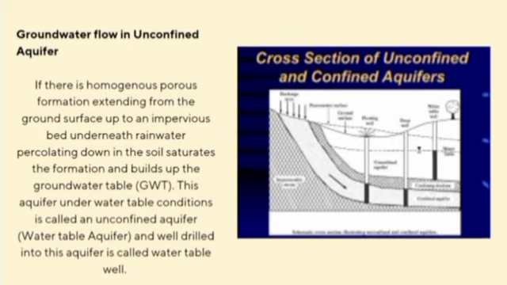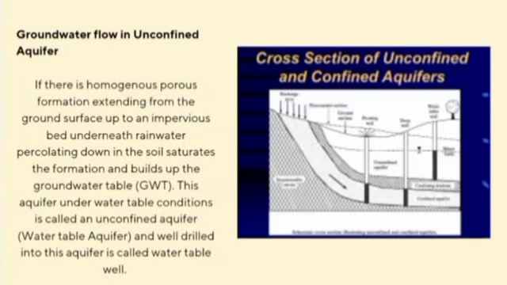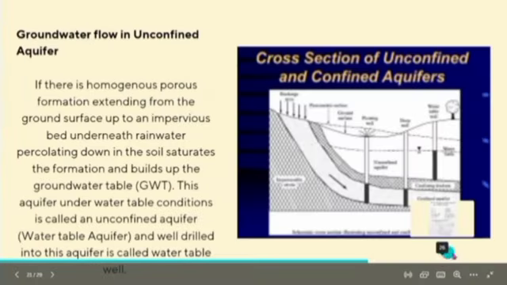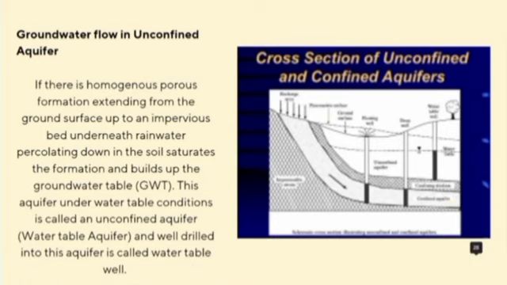So let me show you the illustration showing where the unconfined aquifer is located. As you can see, groundwater is in direct contact with the atmosphere through open pore spaces of the overlying soil or rock.